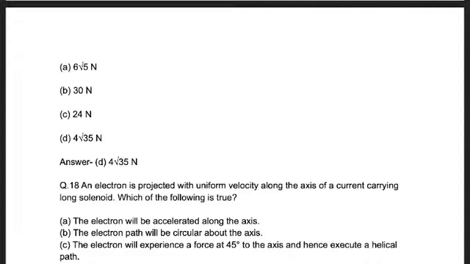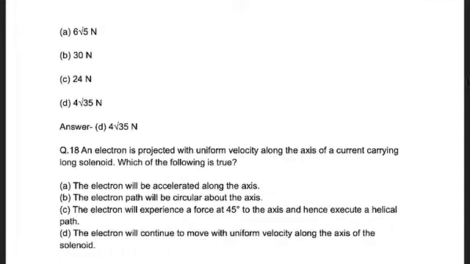D. The electron will continue to move with uniform velocity along the axis of the solenoid. Correct. Your answer is D. The electron will continue to move with uniform velocity along the axis of the solenoid.